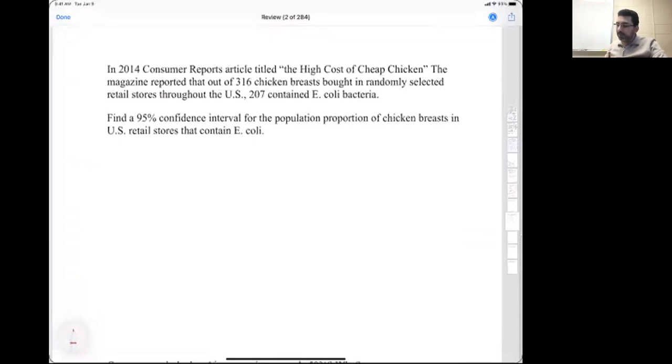The magazine reported that out of 316 chicken breasts bought in randomly selected retail stores throughout the United States, 207 contained E. coli bacteria. Find a 95% confidence interval for the population proportion of chicken breasts in United States retail stores that contain E. coli.